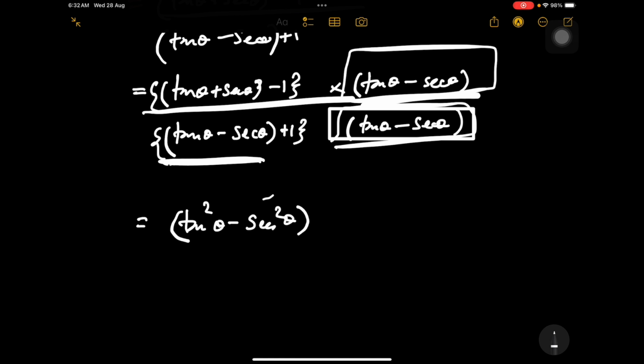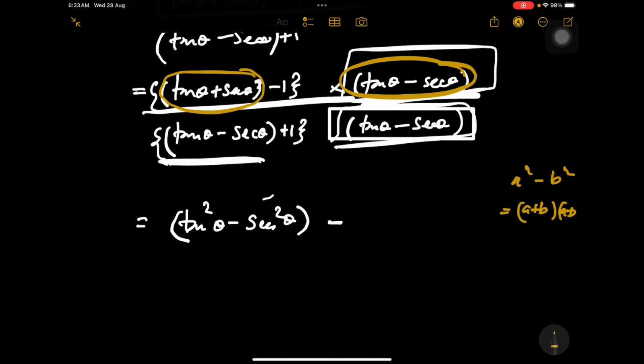Something is happening, right? So for the simplification, something is happening. Why? Because this one is a plus b, a minus b, so a squared minus b squared is equal to a plus b times a minus b. That's why we are using it here. So minus 1 times this, it's going to be tan theta minus sec theta.